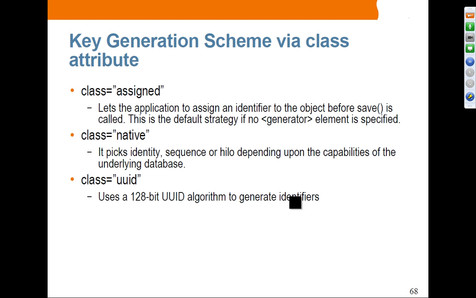Native picks identity, sequence, or high-low depending on the capabilities of the underlying database. So depending on which database is used, it will just choose the scheme. UUID is using a 128-bit UUID algorithm to generate identifiers.